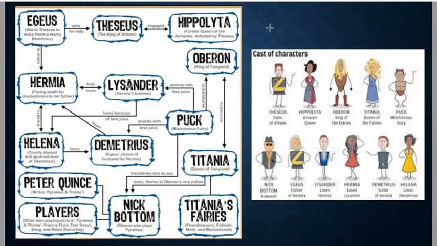So you can use this graphic here, the character map, to keep track of who is who in the story. Okay, and here's another picture of our cast of characters there.